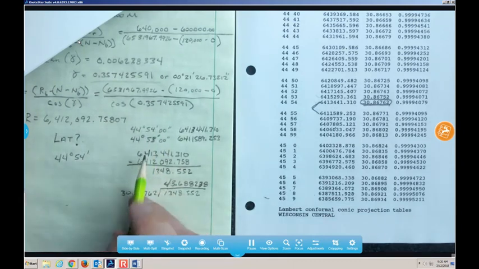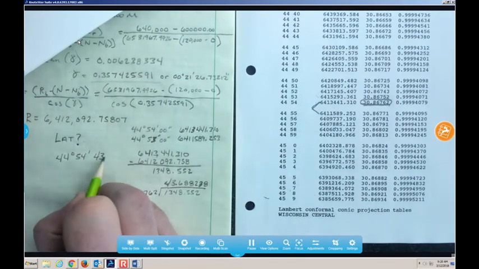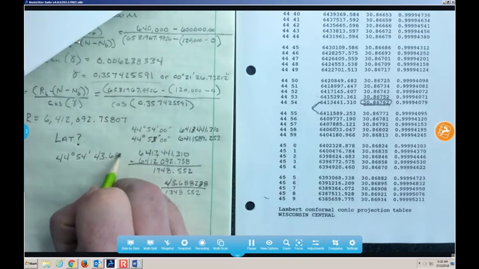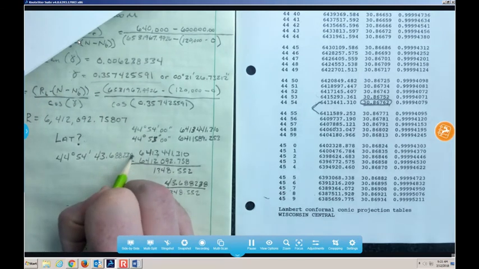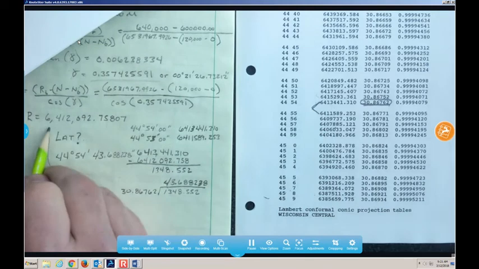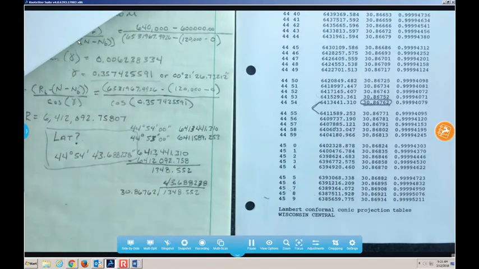Now we just add our seconds: 43.688238 seconds. So that is our latitude we just figured out. We just figured out half of the problem.